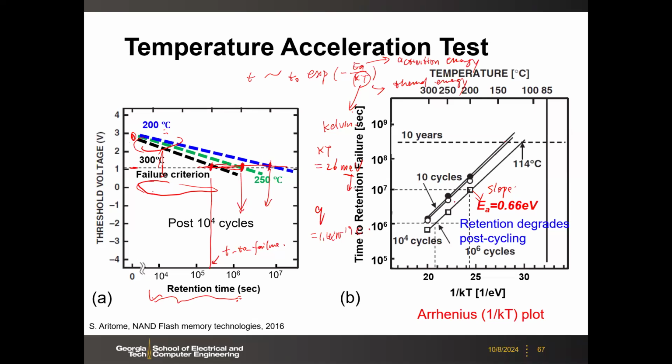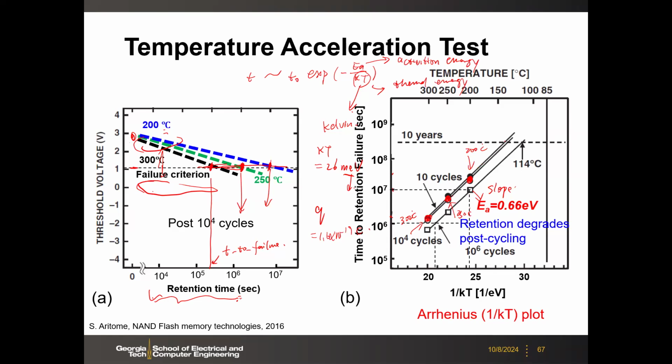You have three times to failure at three different temperatures, but you have to convert the temperature into 1 over kT. Because it's 1 over kT, higher temperature will be lower 1 over kT. So this one corresponds to your 300 C, this one is your 250 C, and this one is your 200 C.